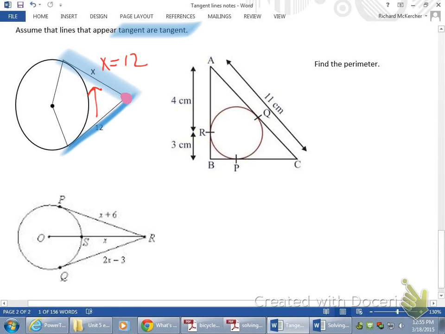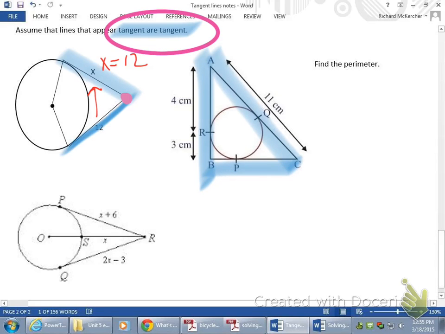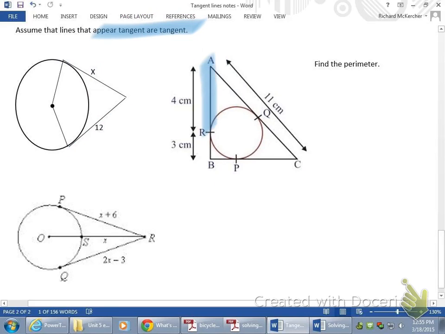Now, what we're going to do is we're going to take this situation, and we're going to see that situation in this picture. So, do you see right here the triangle where we have tangent lines? Every side of this triangle is tangent to the circle. Okay? Now specifically, AR and AQ.